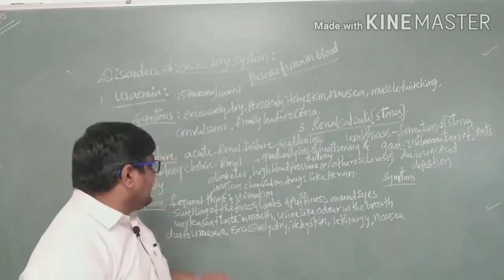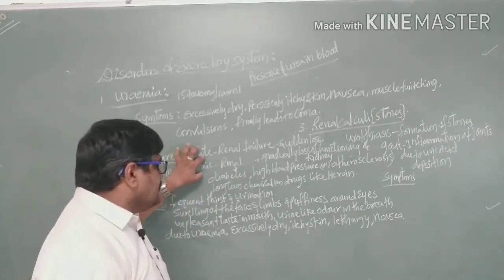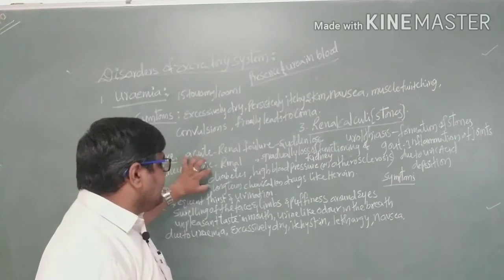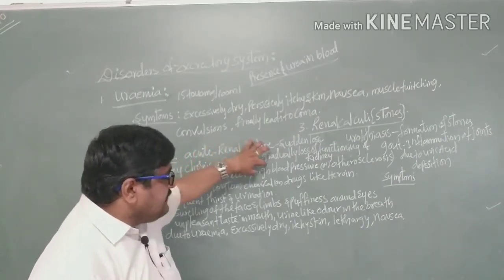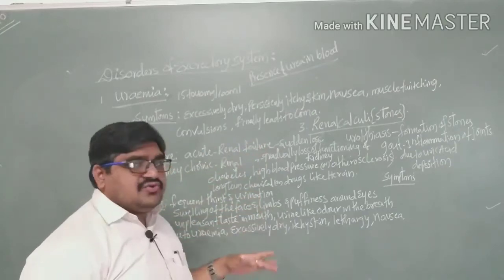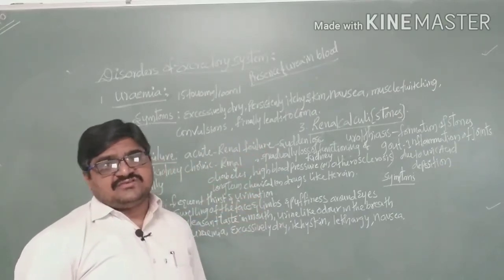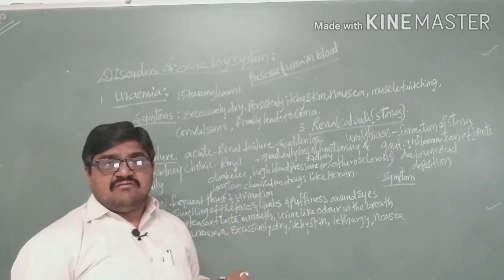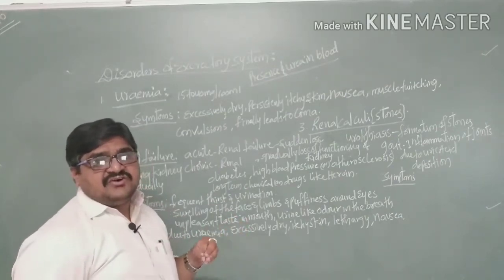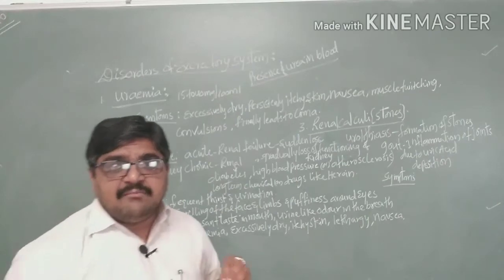When chronic renal failure occurs, it is associated with diabetes and also high blood pressure, or otherwise arteriosclerosis. Arteriosclerosis means deposition of calcium ions in the walls of the blood vessels.